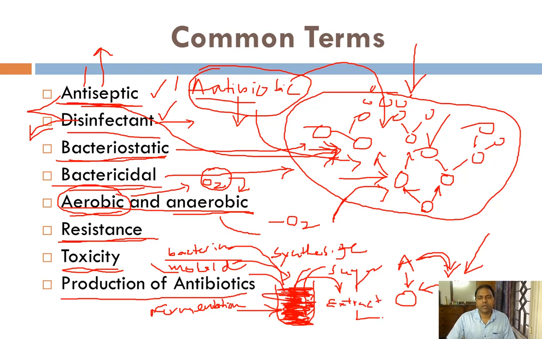Then they process this further, and you will get these antibiotics. You can get them in the form of tablets, or there are antibiotic ointments or creams. They put that into tablets or capsules, or ointments or creams. So that's how we use them for treating diseases or infections.